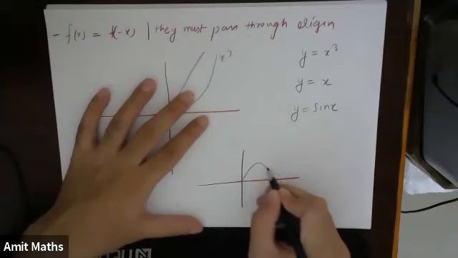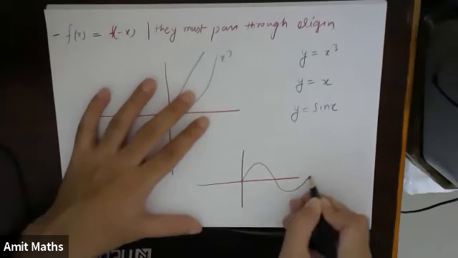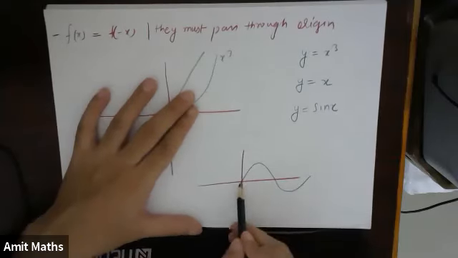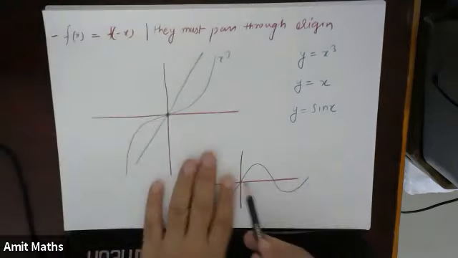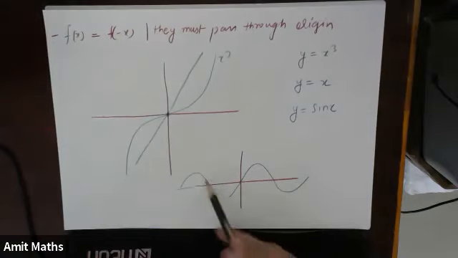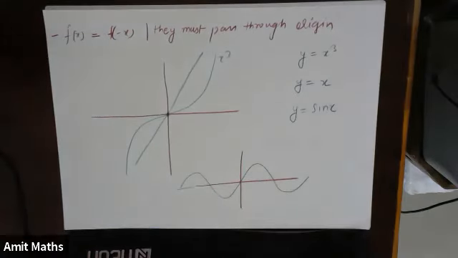If the graph of sin x on the right side is like this, then on the left side it will be the mirror image. So it is symmetric about origin, symmetric about the point origin.